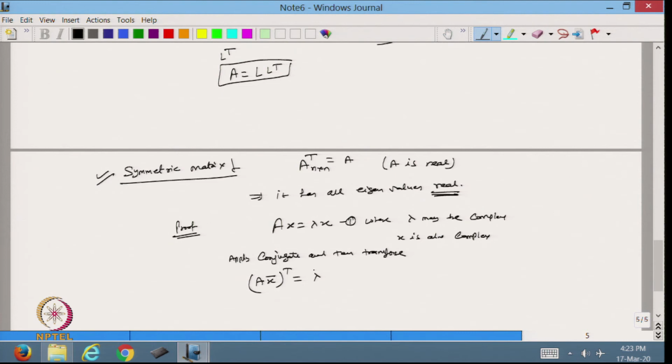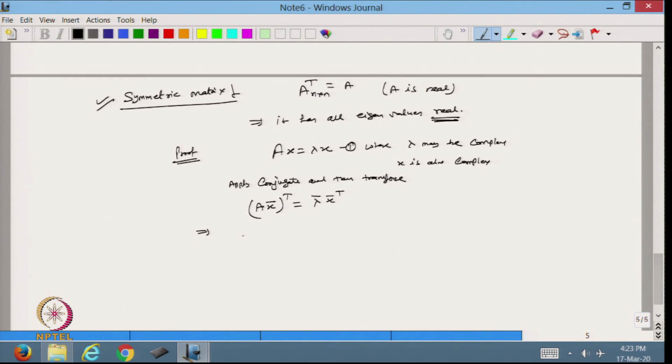Lambda is a scalar, so I will put the conjugate, and then I take the transpose, and because lambda is a scalar, the transpose gives the same value. So, from here I can write this equation as x bar transpose A transpose is equal to lambda bar x bar transpose.